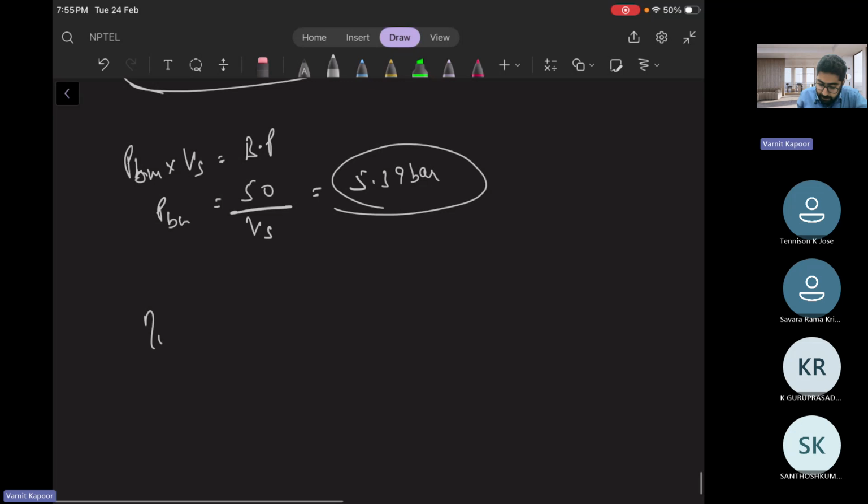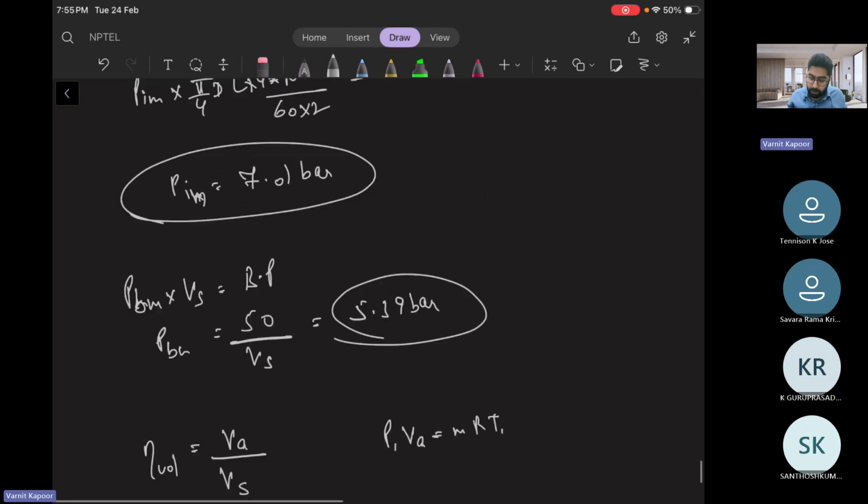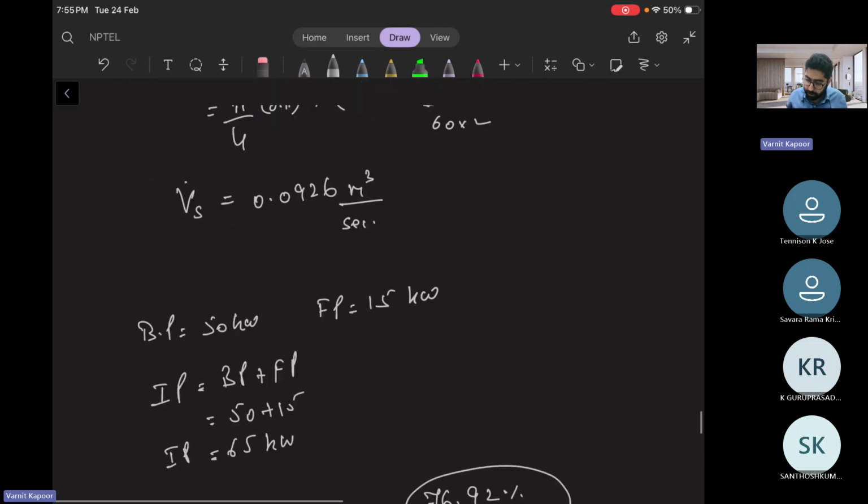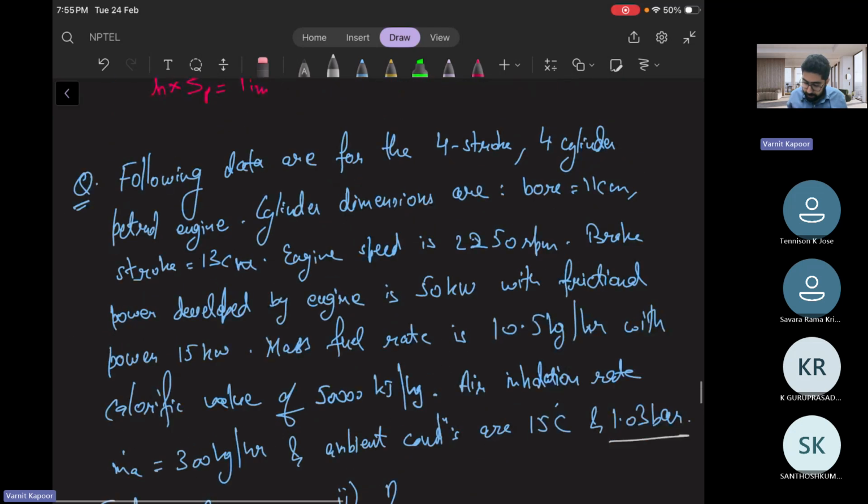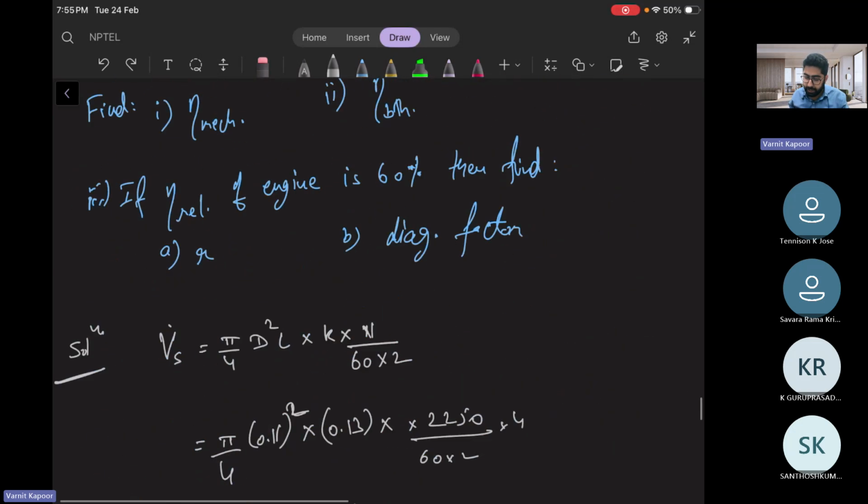Volumetric efficiency will be V actual by V swept. The actual is lesser than the theoretical swept volume. So how will you get the actual value? Since the initial conditions are given, P1 VA is equal to m R T1. P1 is 1.03 bar in the question, and T1 is 15 degrees Celsius.